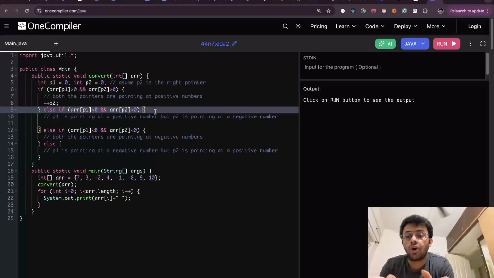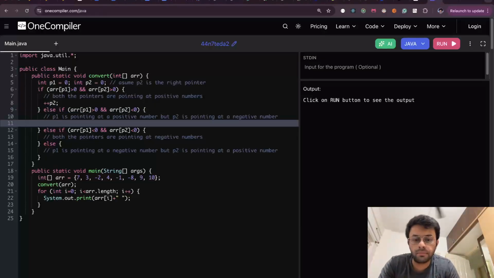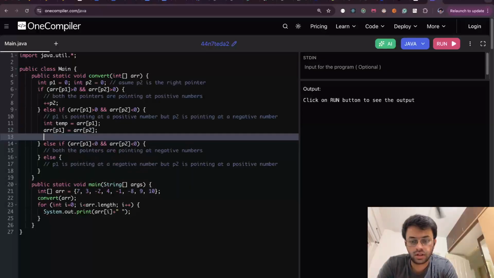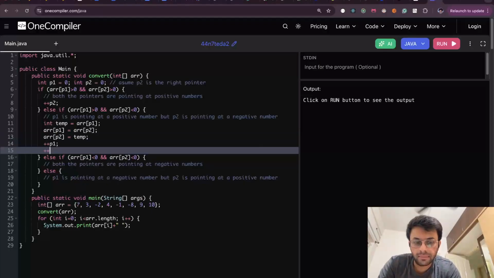When both are wrong, we swap. And when we have swapped, we move both the pointers.